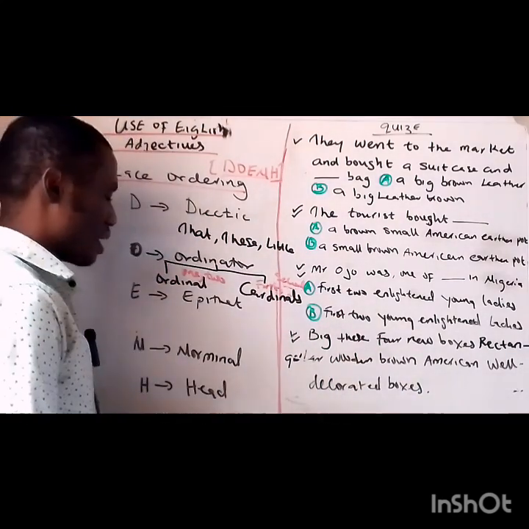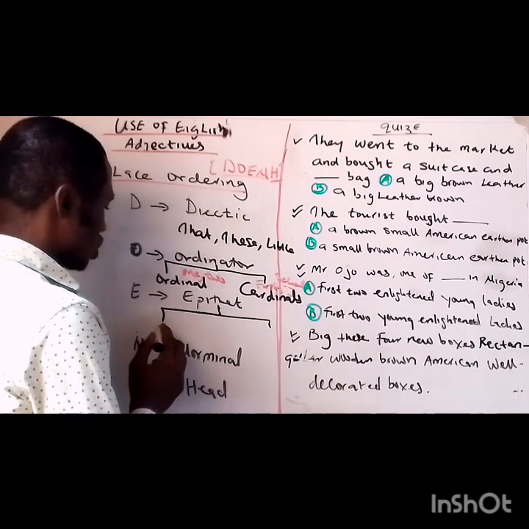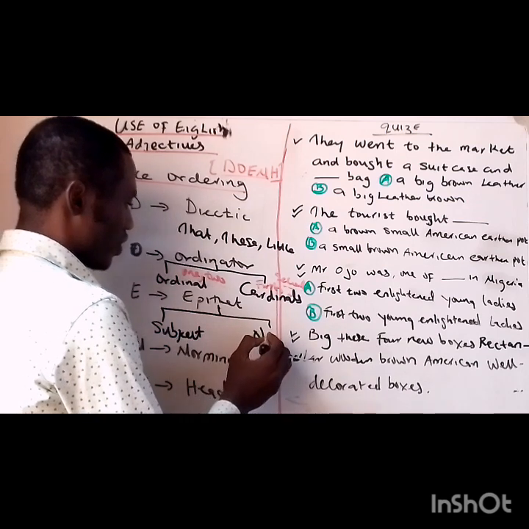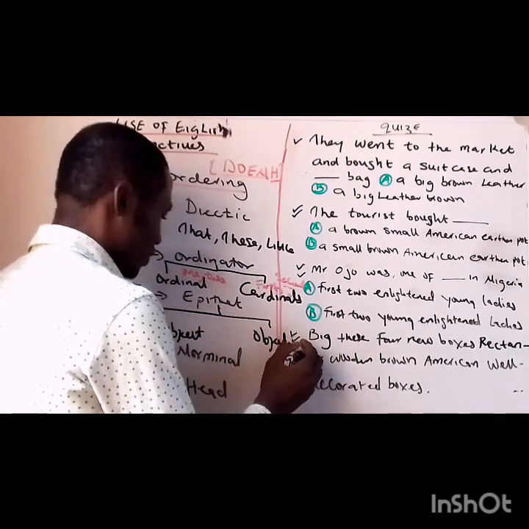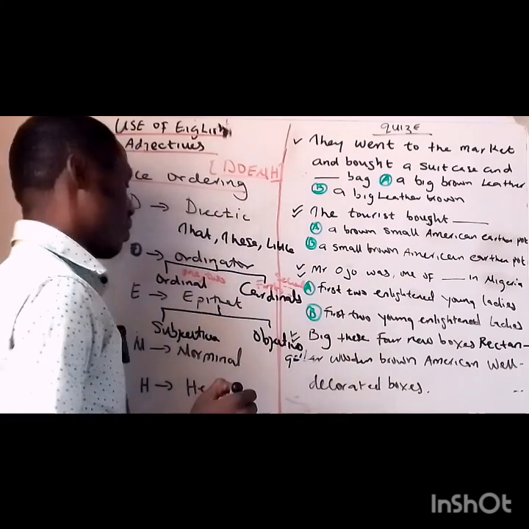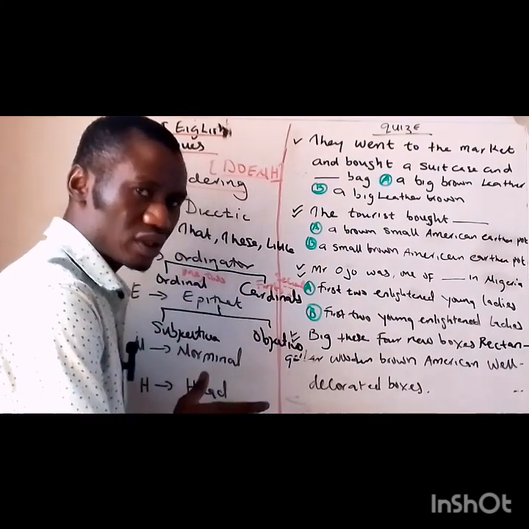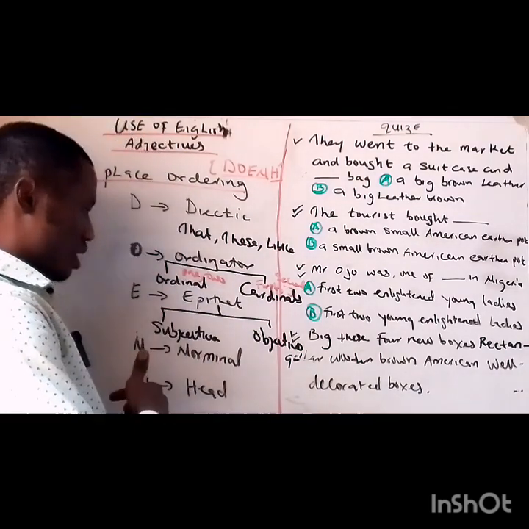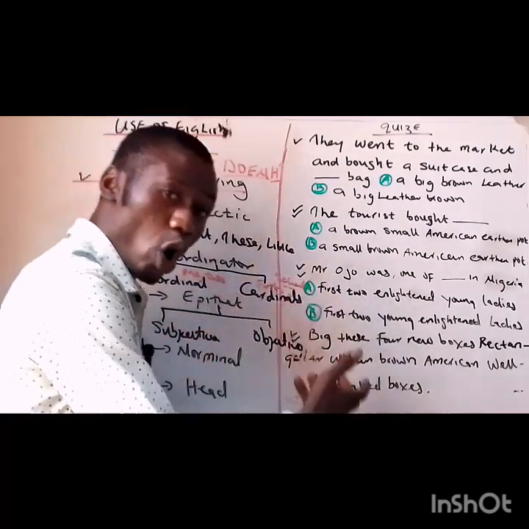Then we have the epithet. Under the epithet, we have the subjective, and then we have the objective. I will discuss this concept when I clean up the board so that you can see what it means by subjective and objective.